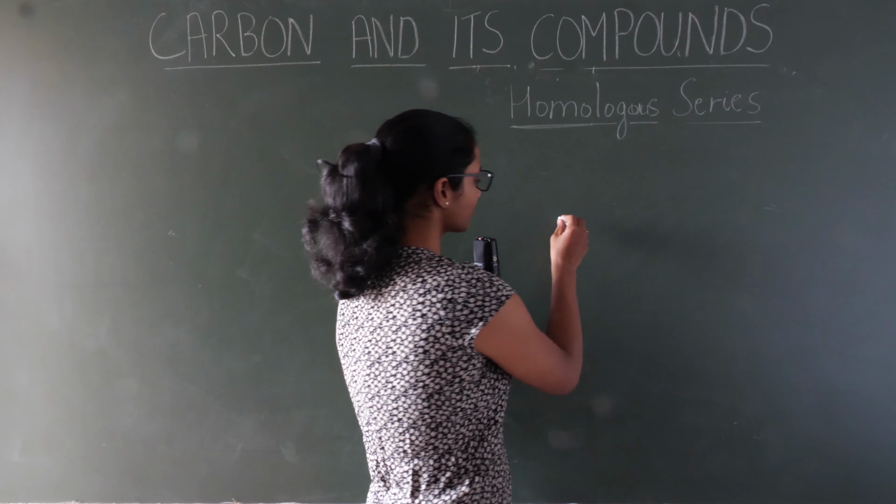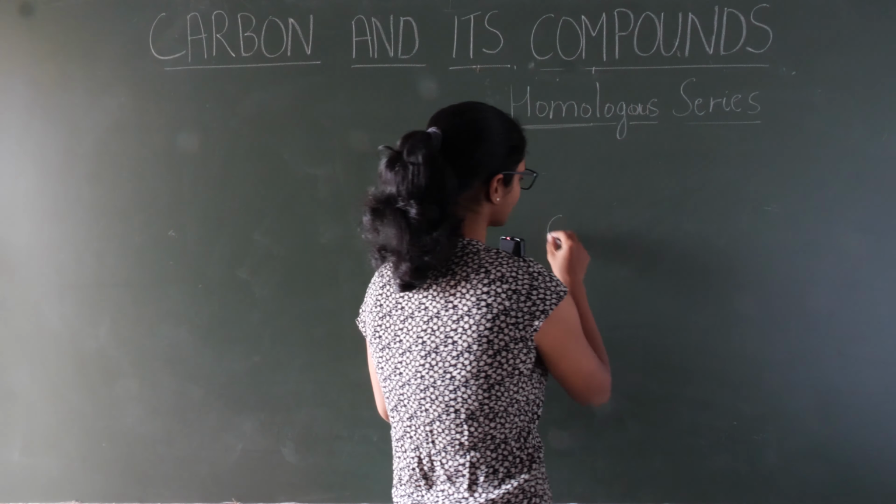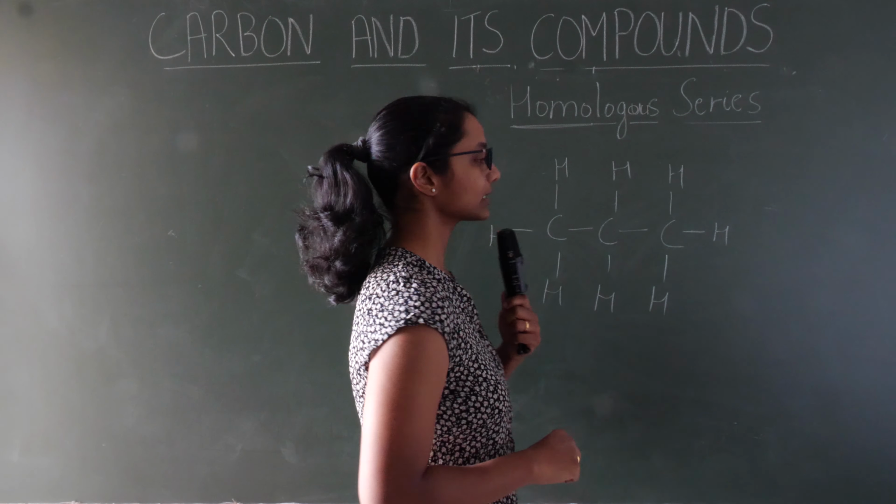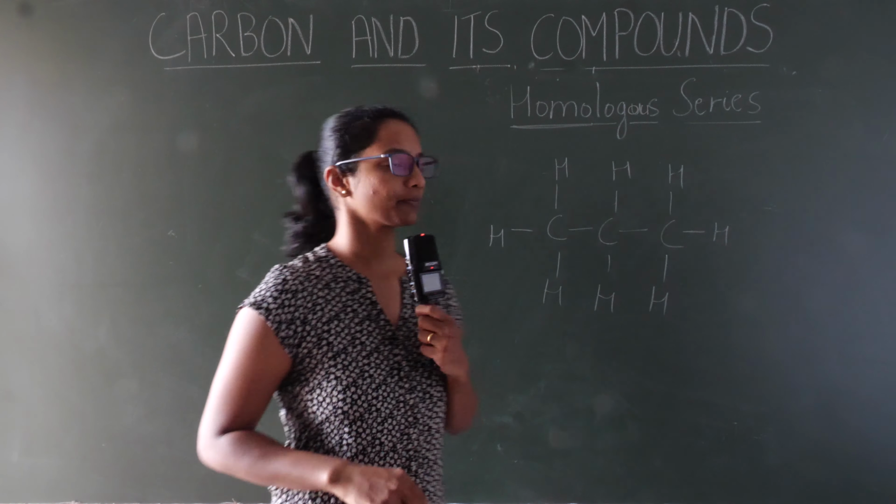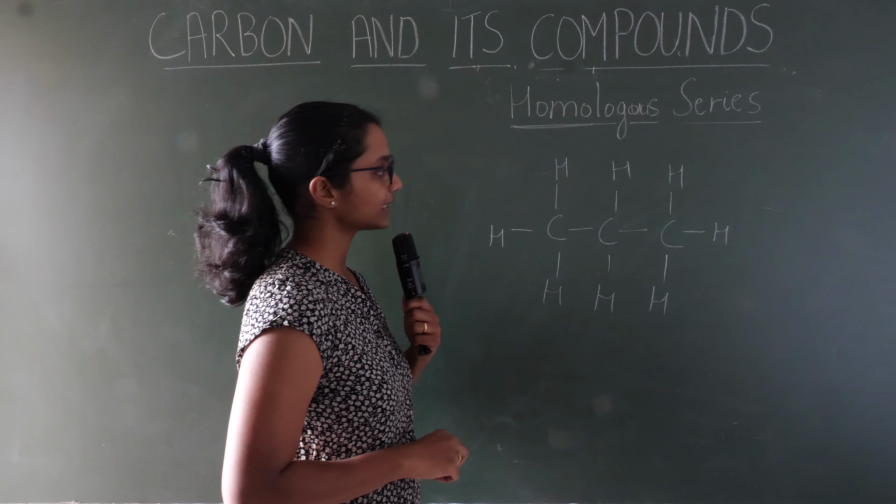When they form compounds, for example, propane, 3 carbon atoms are linked up with 6 hydrogen atoms, and that's how the number keeps increasing from small carbon compounds like methane, the simplest carbon compound.